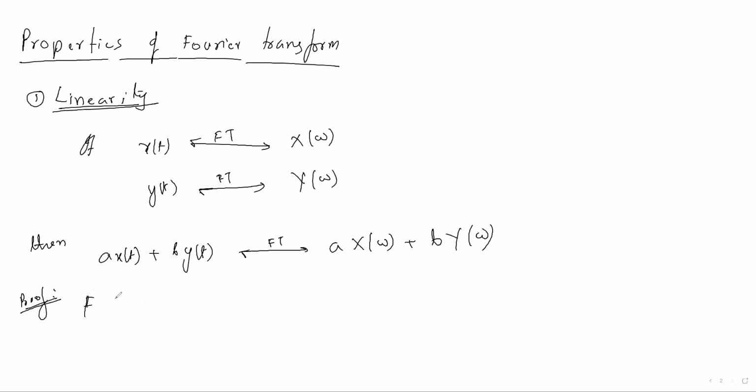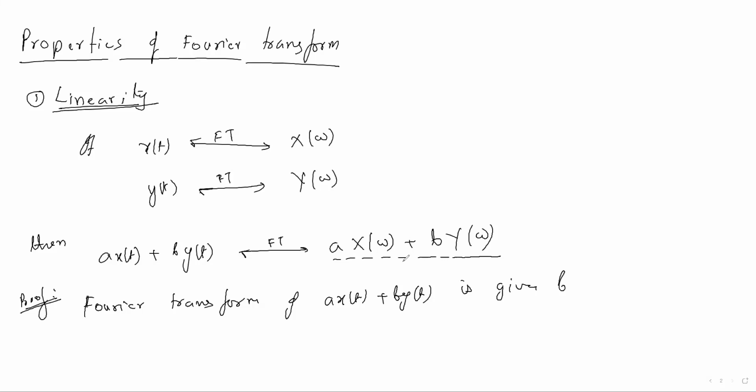Let me give the proof of the Fourier transform property. The Fourier transform of a x of t plus b y of t, if we write this as F of omega, then F of omega will be the integration from minus infinity to infinity of a x of t plus b y of t, times e to the power minus j omega t dt.